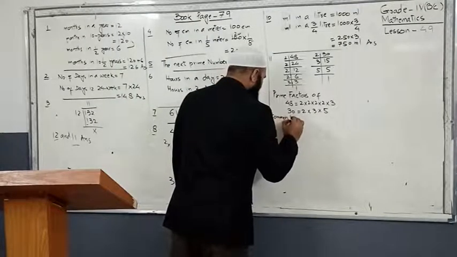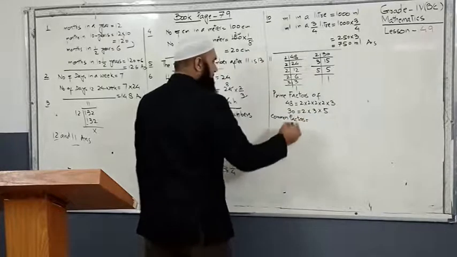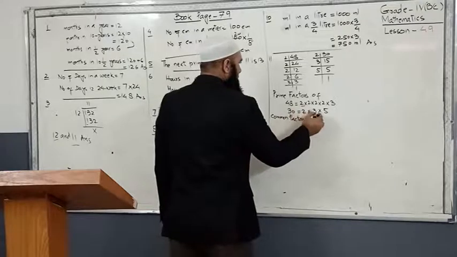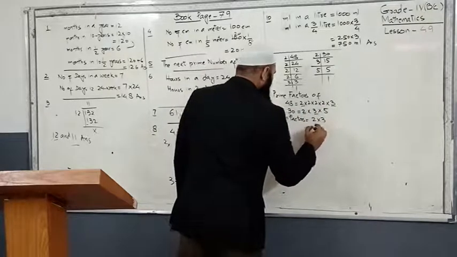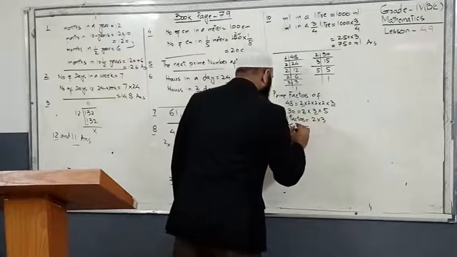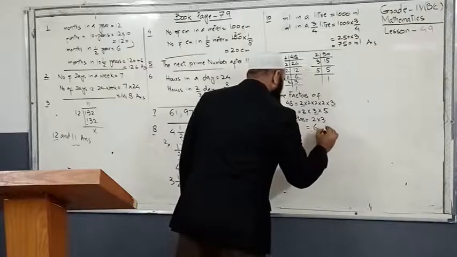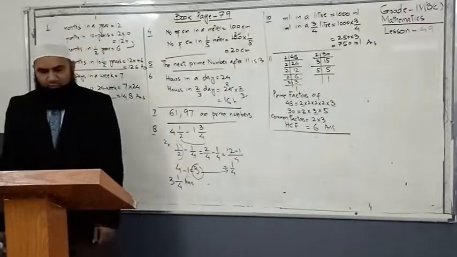Common prime factors are 2 and 3. So the highest common factor will become HCF is equal to 6. This was the HCF question.